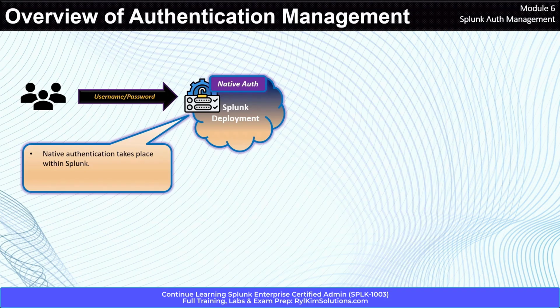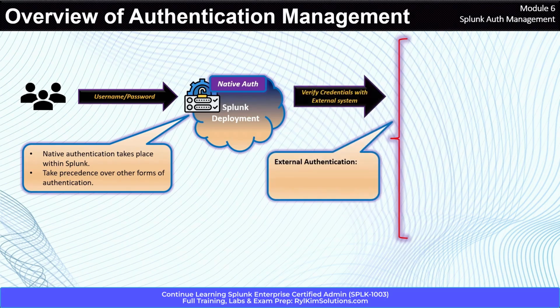But if for some reason native authentication fails, then Splunk is going to proceed to try to use other forms of authentication. And this is where the external authentication methods are going to come in. Basically, Splunk is going to validate these credentials that you send against external systems in different methods. The first one here is LDAP. With LDAP authentication, you are authenticating or verifying those credentials against an external LDAP server.